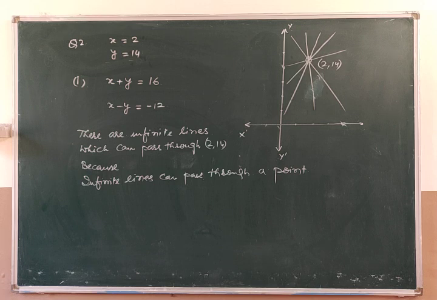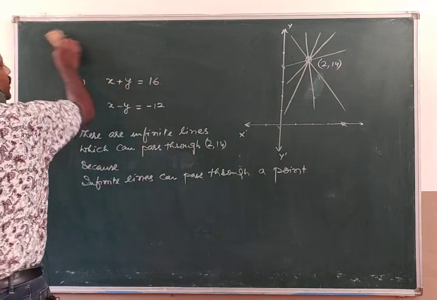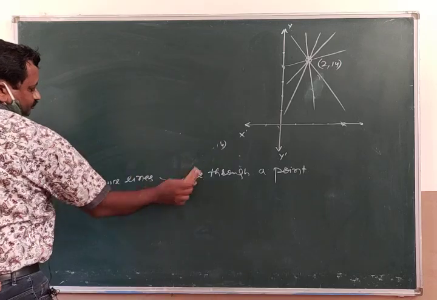Question number 3. If the point (3, 4) lies on the graph of the equation 3y equal to ax plus 7.